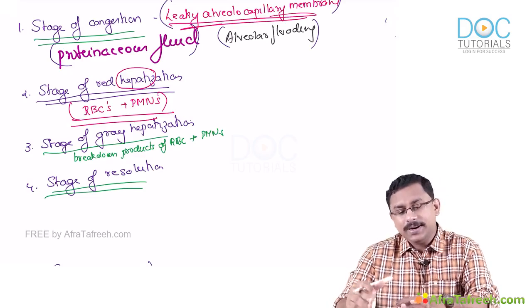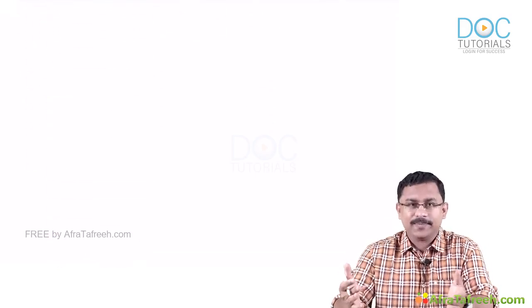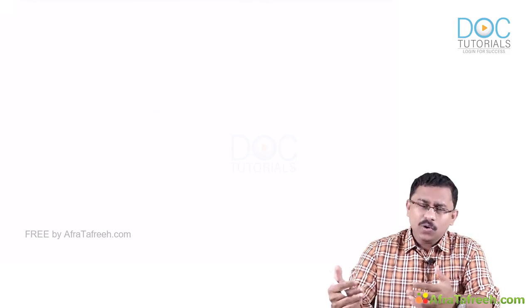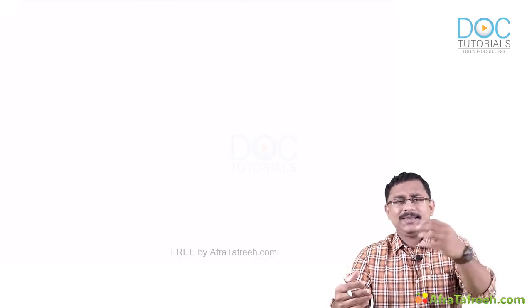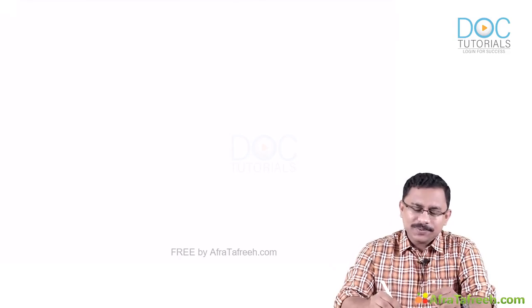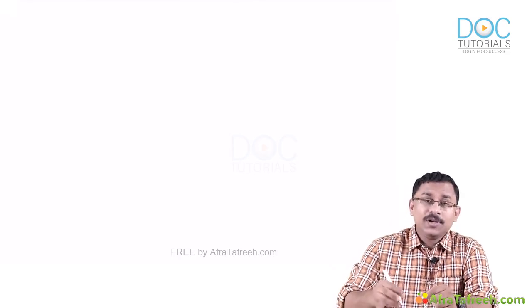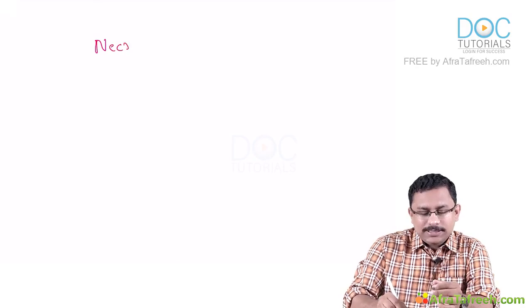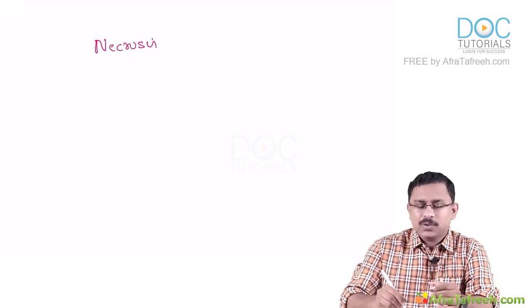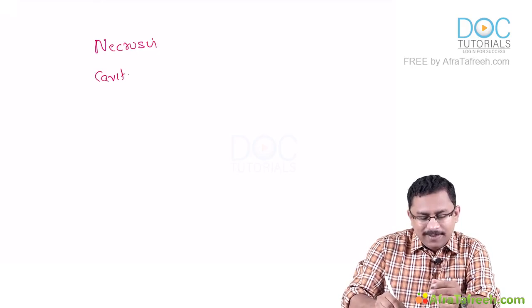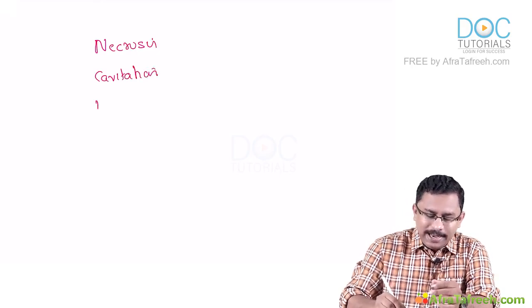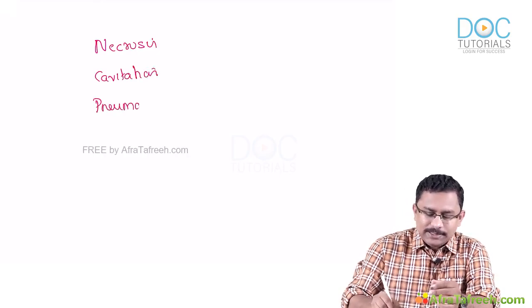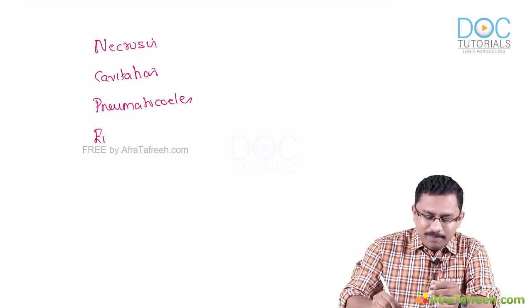However, if the disease process is very severe, it will not go to the red hepatization and the stage of resolution. You can have complications developing. You can have necrosis, cavitation, pneumatoceles. You can have empyema developing.